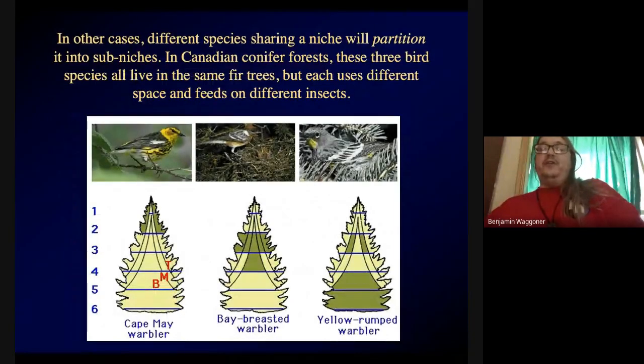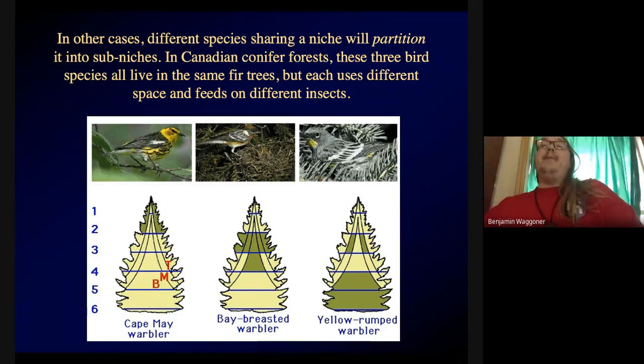Niche partitioning, on the other hand, is something that's been observed in places like Canadian fir tree forests, conifer, cone-bearing tree forests. These are three different species of warblers, little songbirds, and they all live in the same trees.